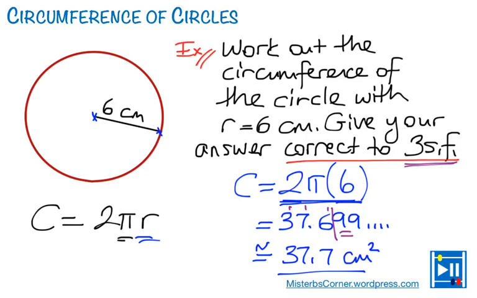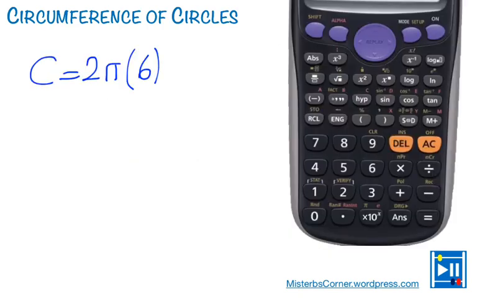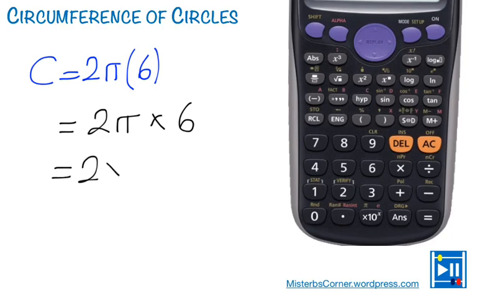Now, how are you going to write this into your calculator? You could write this as 2 pi without the multiplication sign times 6 if you'd like, or you could write 2 times pi times 6, it doesn't matter. So this is the times symbol here that you're going to use in between. Now for pi, you're going to use shift and then the standard form button.